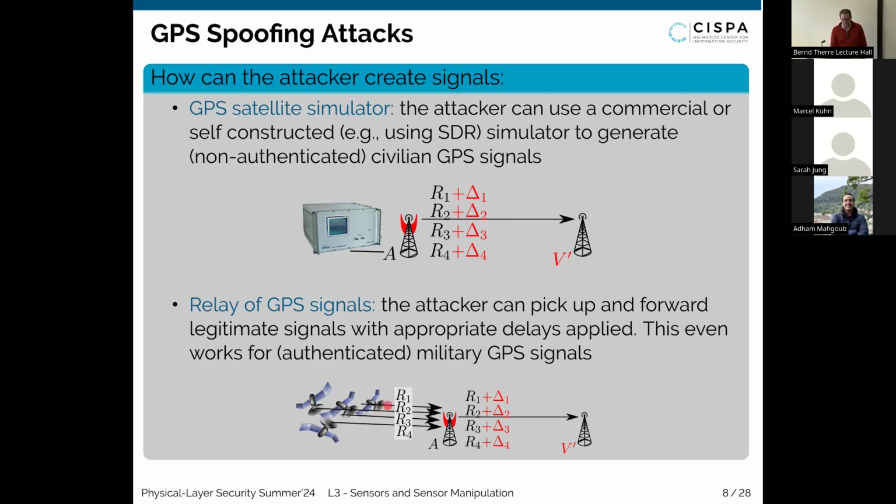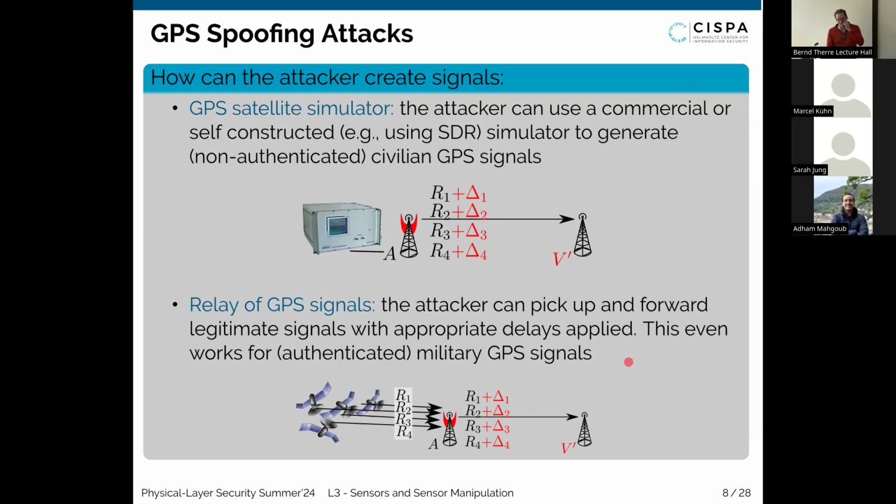So here the attacker would not change anything on the data layer at all. The attacker would also not have to be able to actually generate their own GPS signals. They would only have to be able to record or relay legitimate signals with a certain time offset. In both cases, the attacker could apply a specific offset to each of the satellite signals and then send this to the victim, for example, via one antenna or multiple antennas.